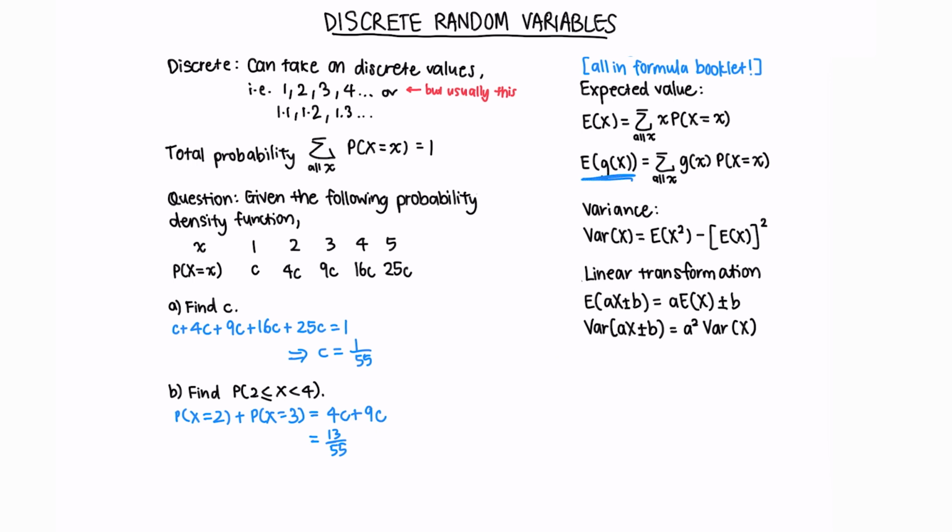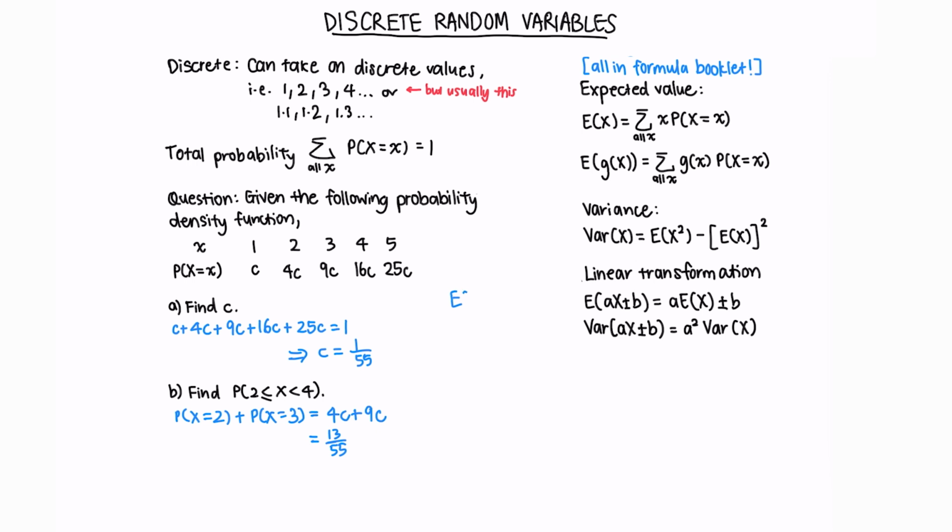Now the next thing, the expected value of g(x), where g is just some function, is the sum of g(x) times the probability that X equals x. The probability that we're using actually still stays the same.